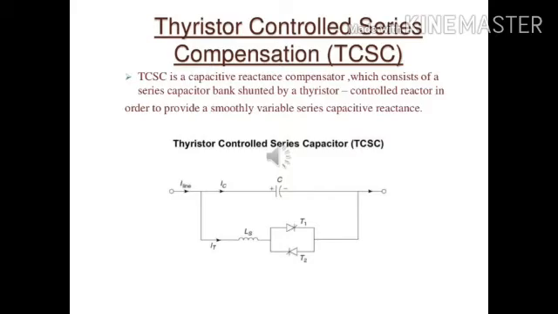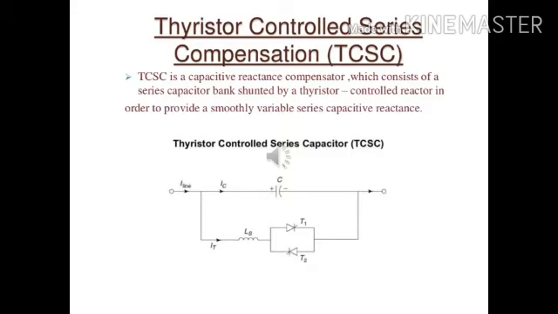If we talk about the working principle of TCSC, it can be classified into two conditions. The first one: if the triggering angle alpha is 180°, then the system works as a capacitor and generates reactive power. Whereas if alpha is 90°, it acts as an inductor and absorbs reactive power.